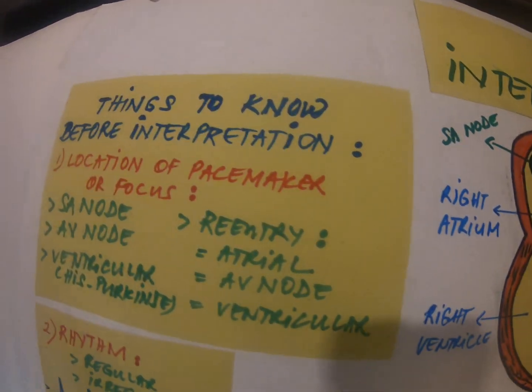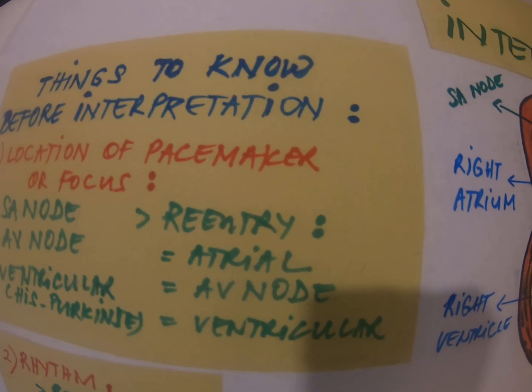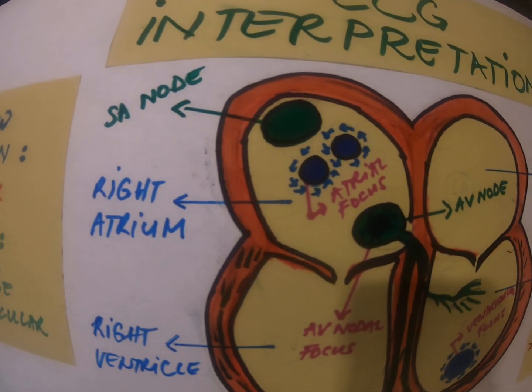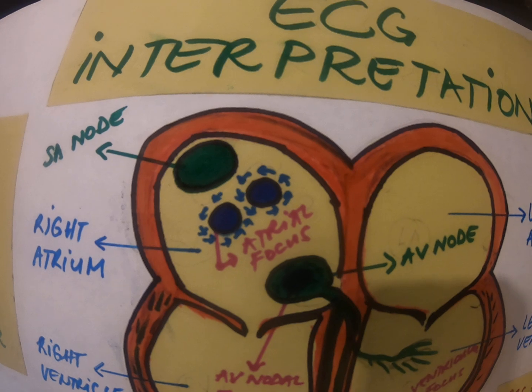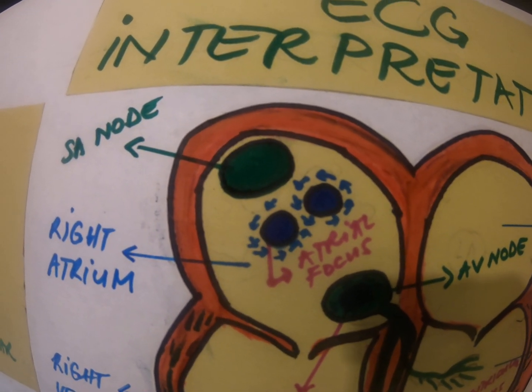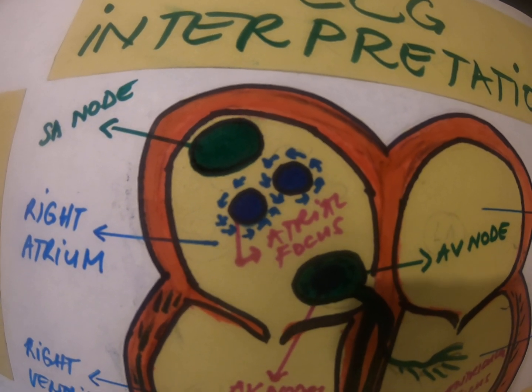Sometimes we have reentries. Another pacemaker can happen somewhere outside the circuit. We have here either the right atrium or the left atrium. And you see these two circles in here. These are atrial foci.